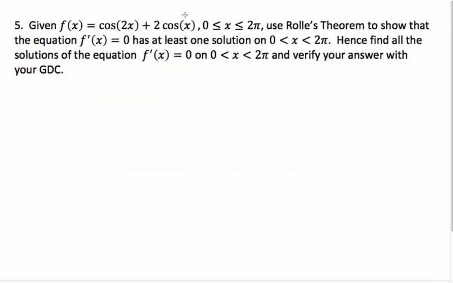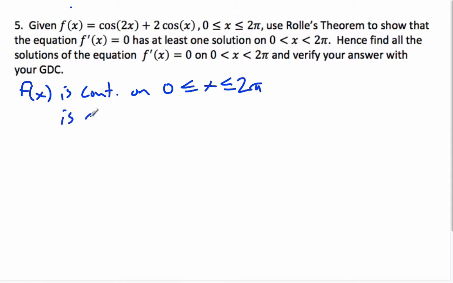Okay, so in this question we're going to use Rolle's theorem to show that the derivative equals 0 has at least one solution on this interval. So this function is a sum of some cosines, so obviously it's continuous and differentiable. So f of x is continuous on 0 less than or equal to x less than or equal to 2 pi, and it is differentiable on 0 less than x less than 2 pi.